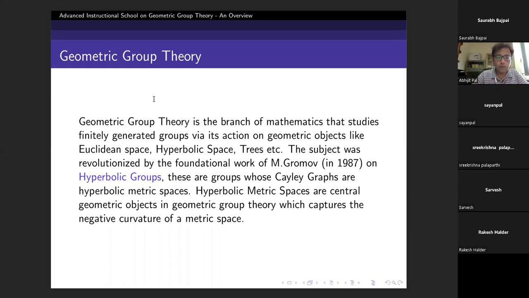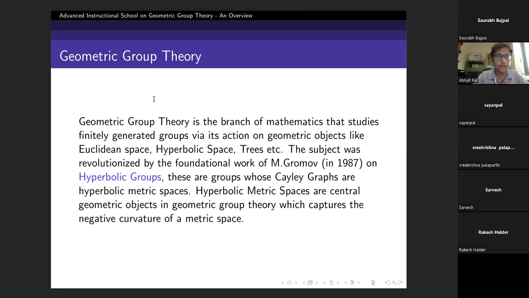Let me tell you something about the origin of geometric group theory. The initial work dates back to around the first half of the 20th century, by the work of Dehn, Nielsen, Van Kampen.